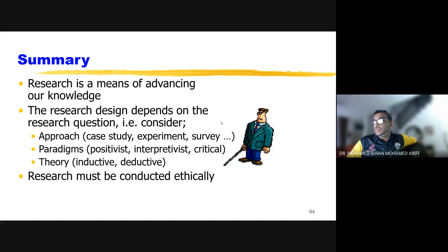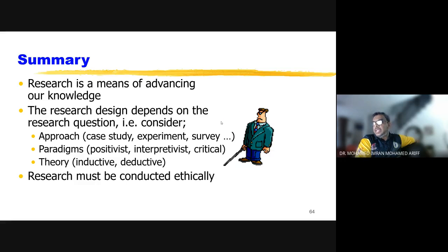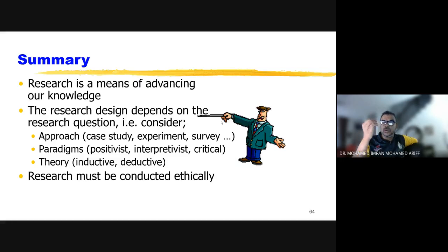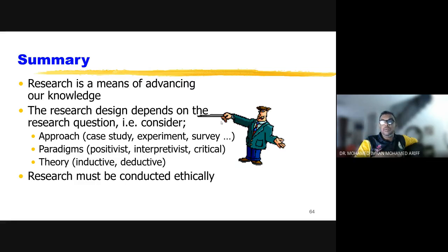Sebab saya suka, sebelum saya buat research, saya suka nombor. I like numbers. So saya letak approach saya di atas. Saya nak memang when I started my PhD, saya nak buat survey dan saya seorang positif. Saya suka tengok numbers. So that's why I put approach di atas, paradigm dan teori di bawah.